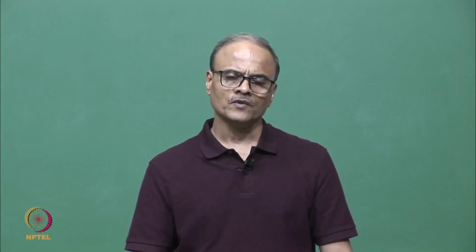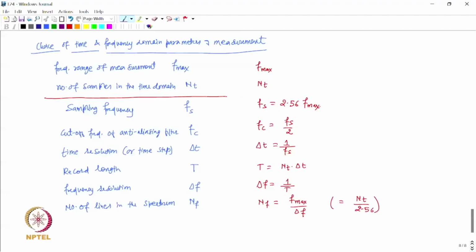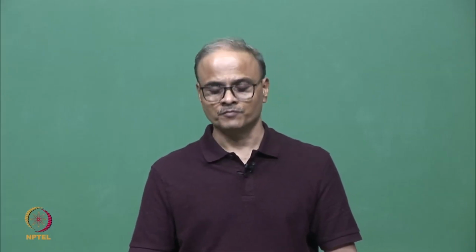The anti-aliasing filter does not have ideal characteristics where all frequencies beyond Fc are completely truncated. Because the filter characteristics have some roll off, the frequency response does not have a sharp cutoff. In order to compensate for the roll off effect of the frequency response, this factor 2.56 is being taken.